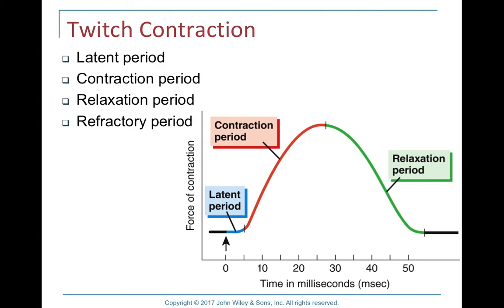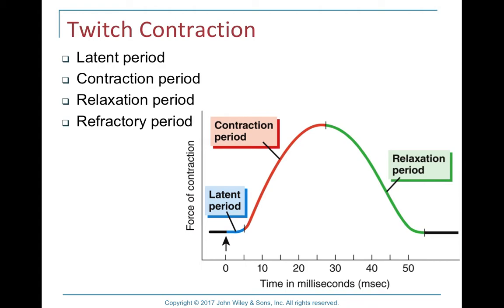We have our twitch contraction, which is the brief contraction of all of those fibers in the motor unit in response to a single action potential. And so we have the latent period, which is the delay between the action potential and the onset of the actual contraction.